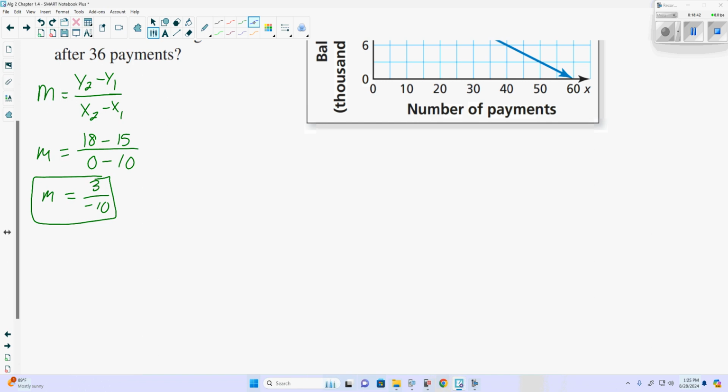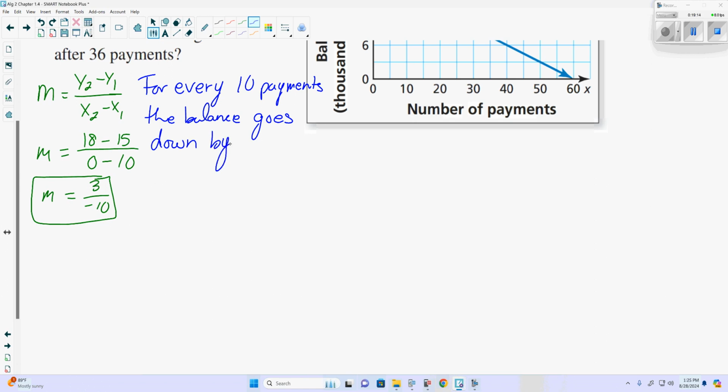So it's hard to say a negative with payments, but we could say for every 10 payments, the balance does what? Drops, goes down, decreases. All of those. Goes down by how much?